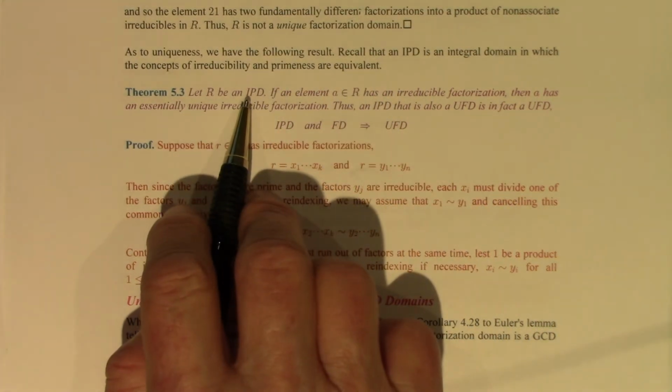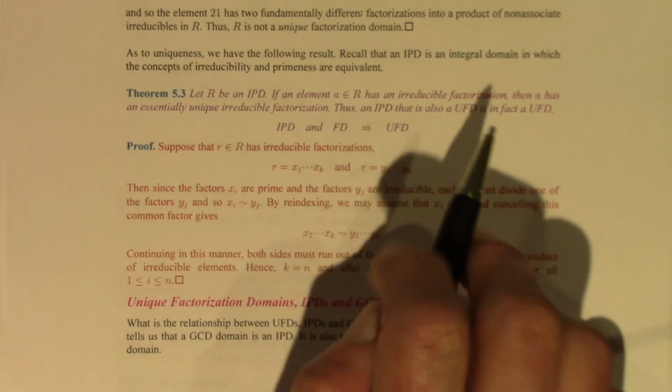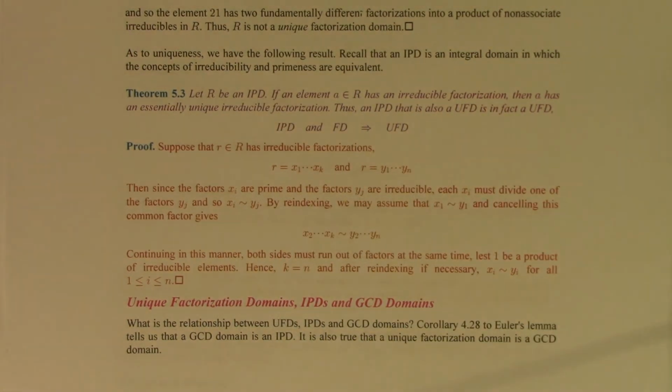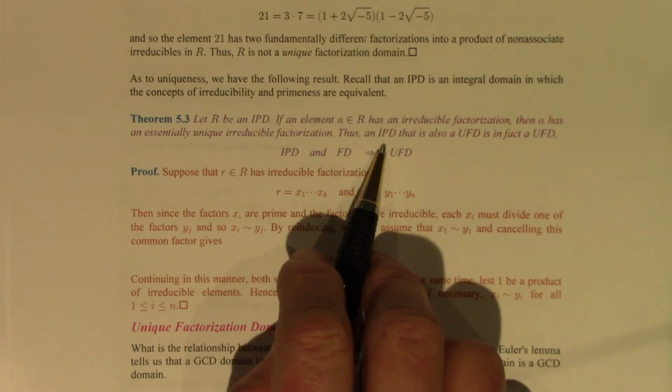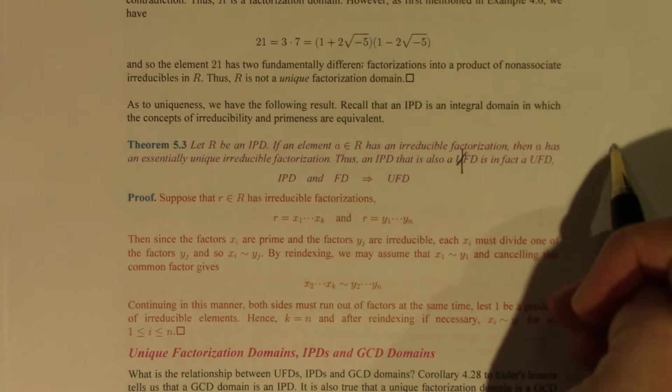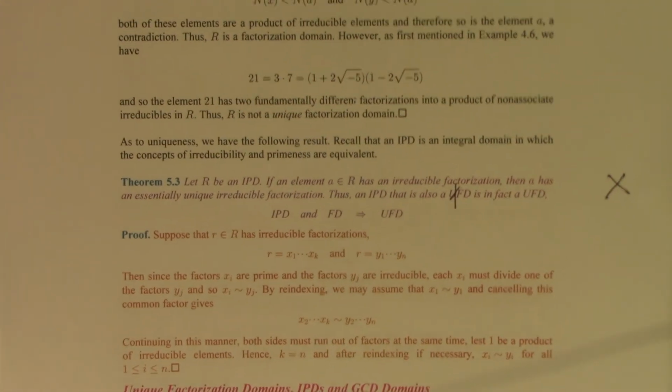So, theorem: let R be an IP domain. If an element a has an irreducible factorization, then a has an essentially unique irreducible factorization. Probably could have said that a little more smoothly. Anyway, it doesn't matter. So an IPD that's also an FD is in fact a UFD.